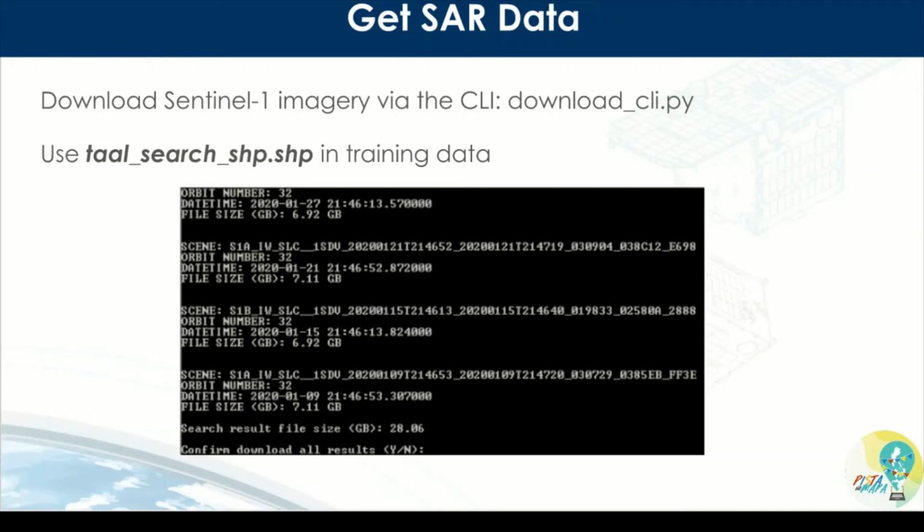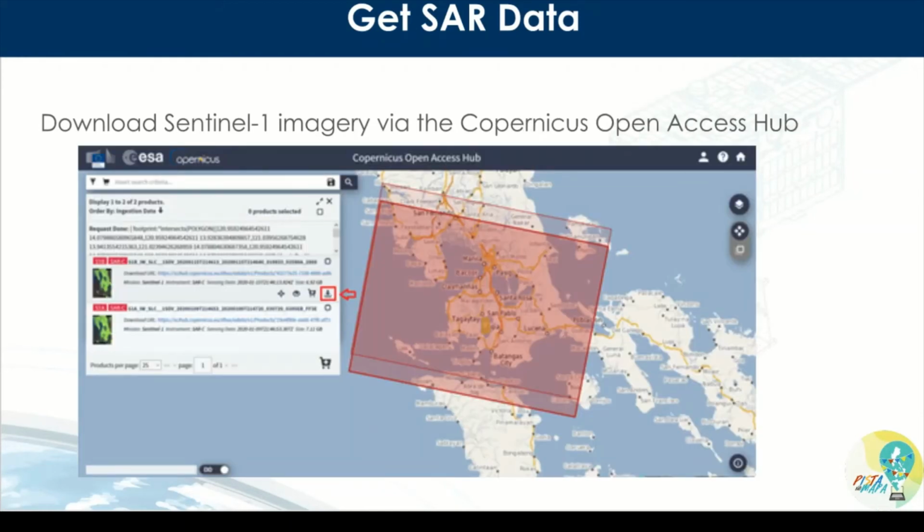You can filter it by the pass direction, and of course the geometry used for the AOI. All this is stated in the documentation. I won't really go over it in depth over here. The other method is to just go directly to the Open Access Hub and download the images from the website.